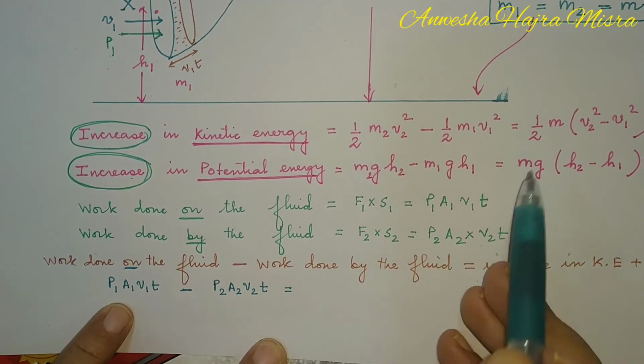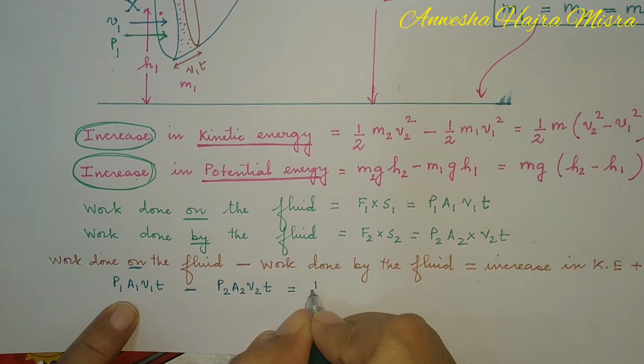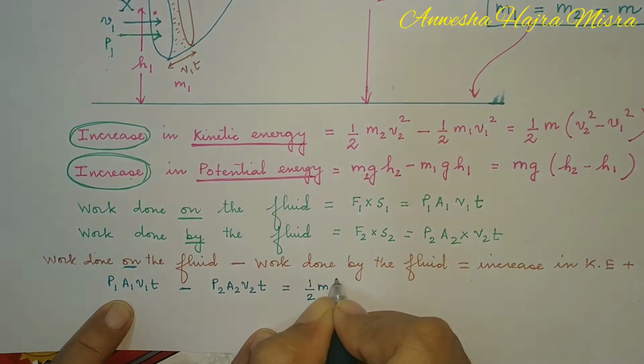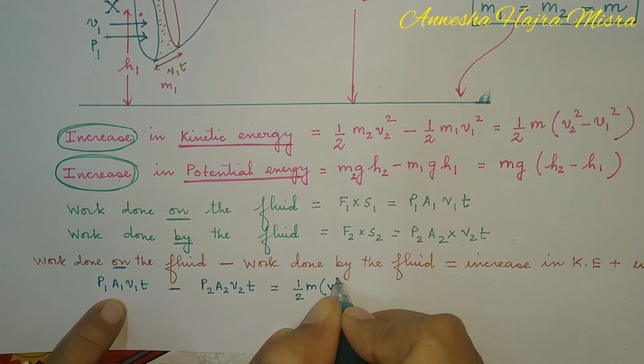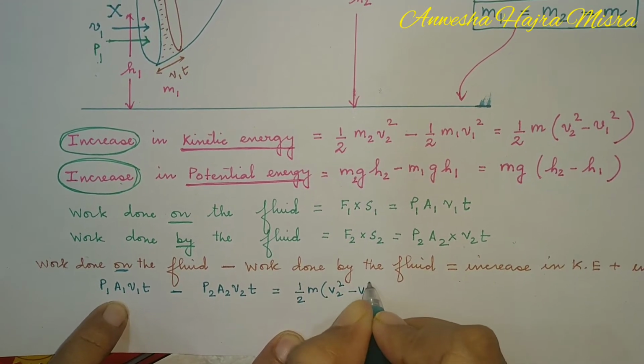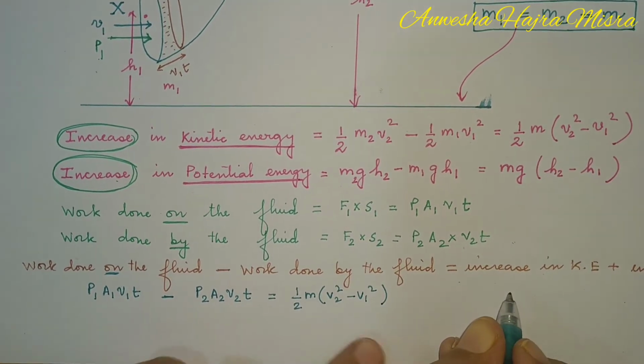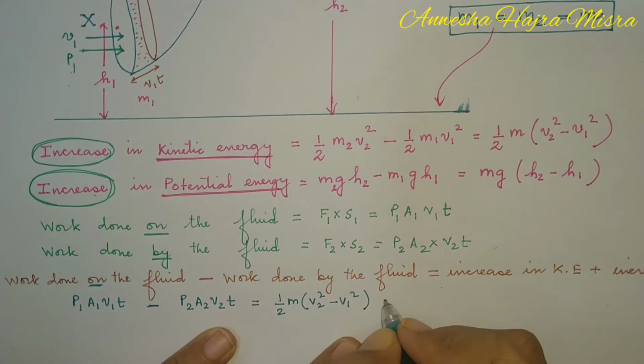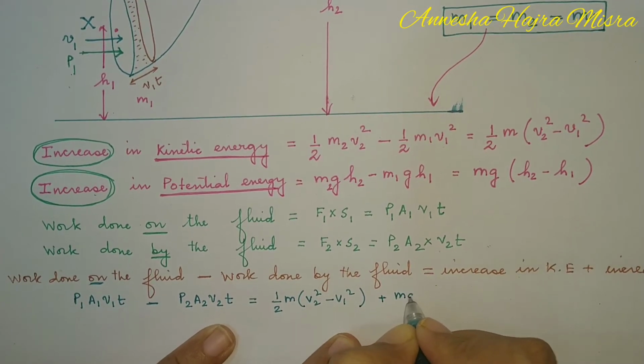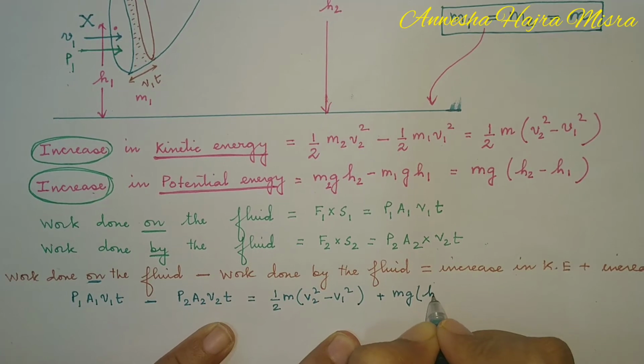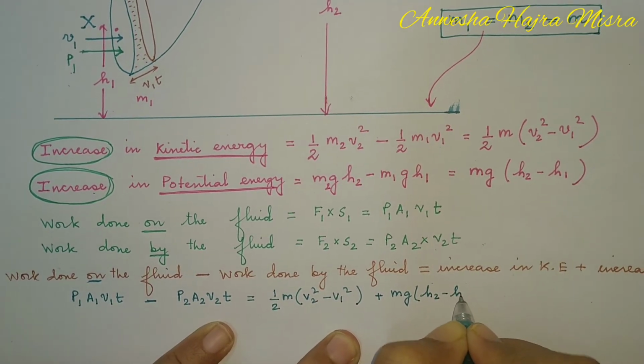That is equal to increase in kinetic energy, half m (V2 square minus V1 square), plus increase in potential energy, mg (H2 minus H1).